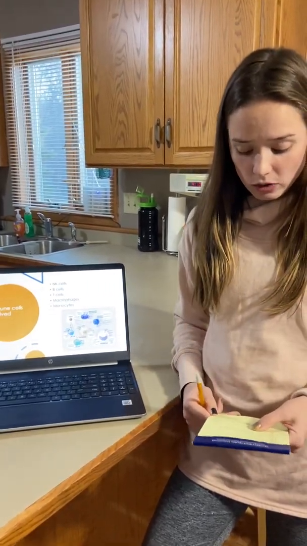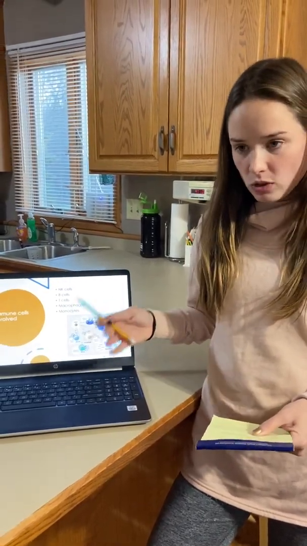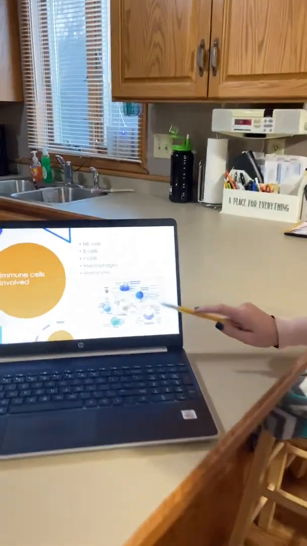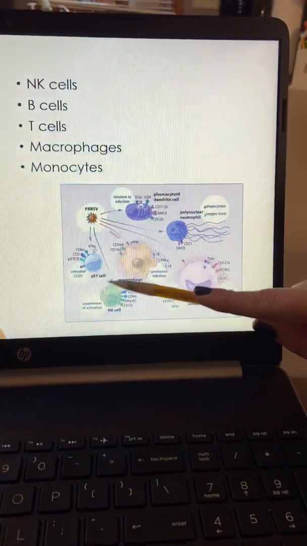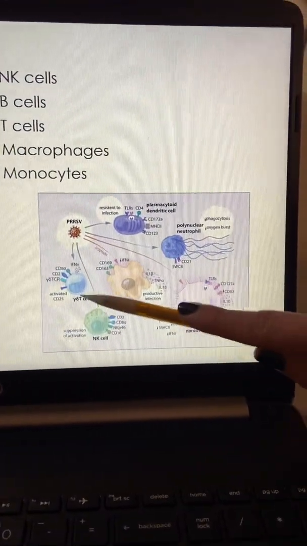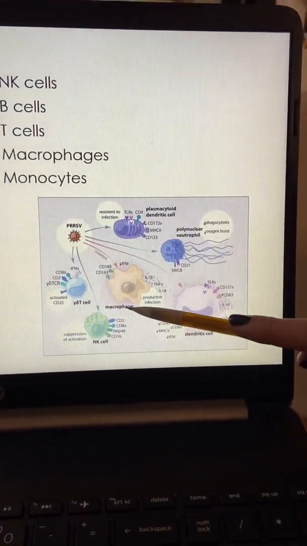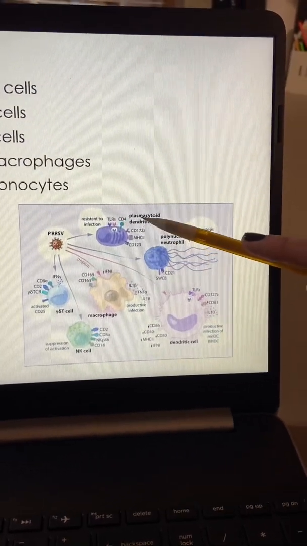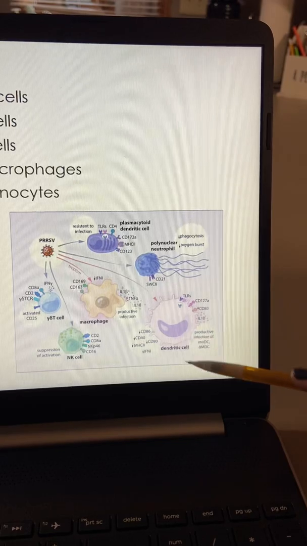And then you have your monocytes, and this is the blood form of a macrophage. And then you have a little diagram up here that just explains what immune cells are involved, like your B and T cells, macrophage, NK cells, and the dendritic cell.